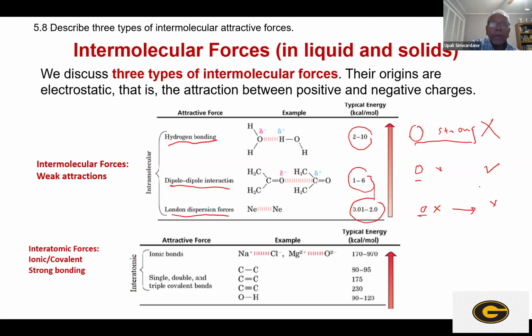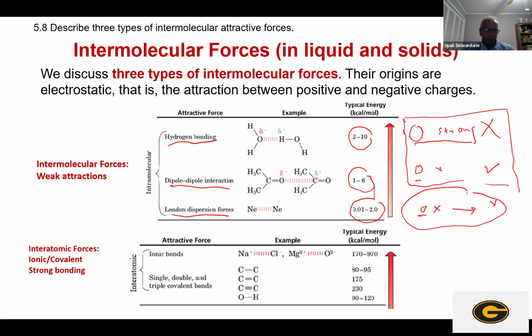Therefore, when London dispersion is the only one, it can be seen only when the first two are not present. Therefore, London dispersion force is the weakest one, and it is seen when hydrogen bonding and dipole-dipole are not there.